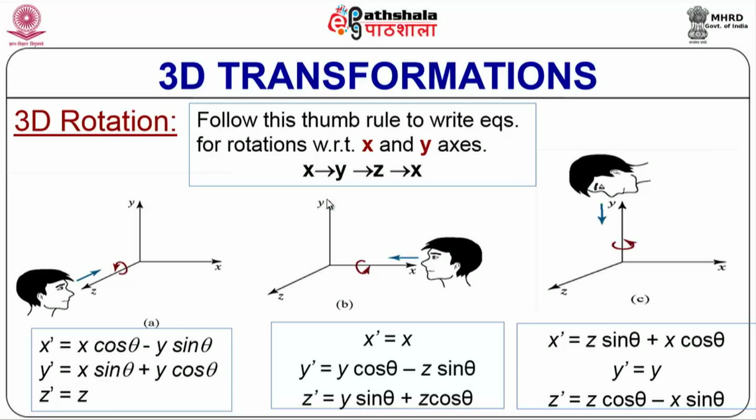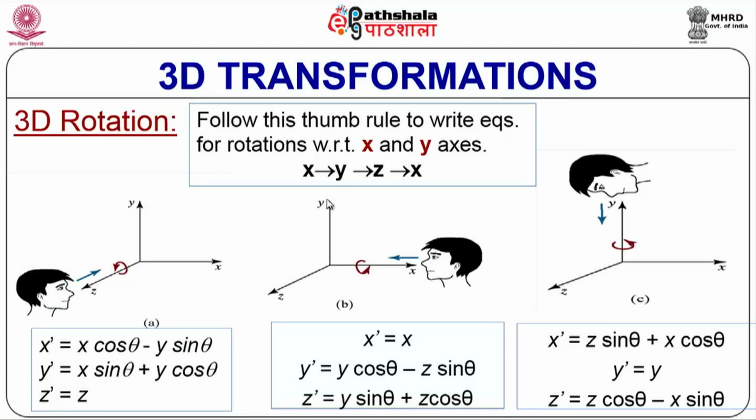It is with a simple thumb rule, as you can see there: x to y, y to z, and z to x. So, this thumb rule you remember, x to y, y to z, z to x. That means you take the first set of equations for rotation about z axis, and in those equations you replace x with y, y with z, and z with x.